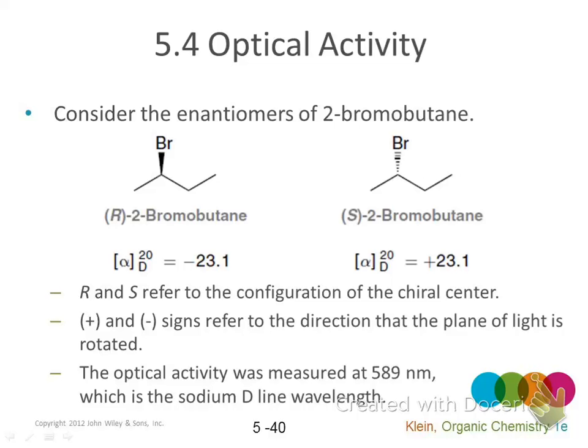It's one of the lines in the sodium spectrum. That's 589 nanometers. And they also specify temperature because it turns out it's really temperature sensitive. So if you have a higher or lower temperature, your rotation can actually go all the way around the other direction. So you do have to be very careful about those kinds of things. But within laboratory conditions, it's pretty good.